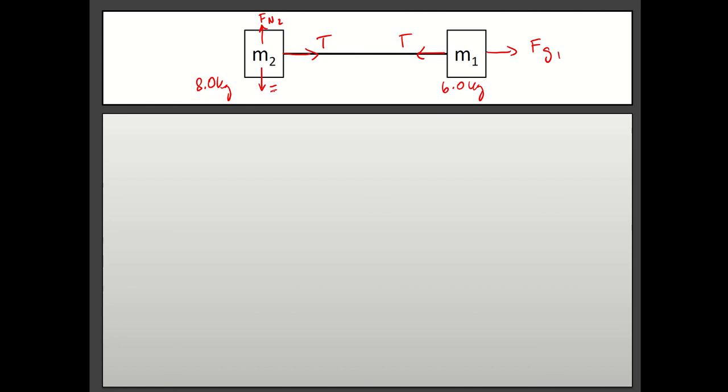Notice that the gravity from Fg1 is perpendicular to the gravity in M2. I said the positive direction is going to be this way. So we have all the forces labeled. Next step is to find the acceleration, so we're going to write our system F-net equation.